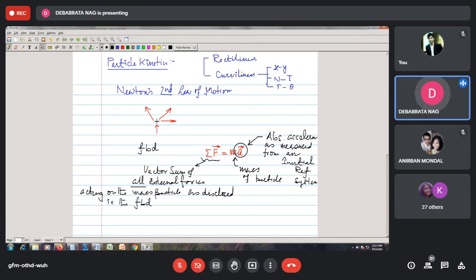So what it says is that the combined effect of all these forces is equal to mass times acceleration.